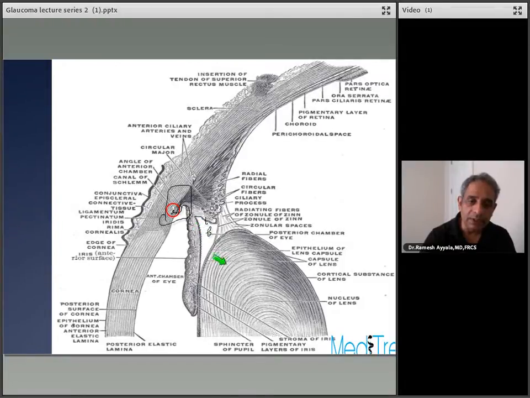Here is your lens. Here is the iris. And here is the pupillary margin right there. And so the aqueous that is produced here comes out through the pupillary margin into the anterior chamber. And from there exits out through the trabecular meshwork into the Schlemm canal, and from the Schlemm canal into the venous circulation.